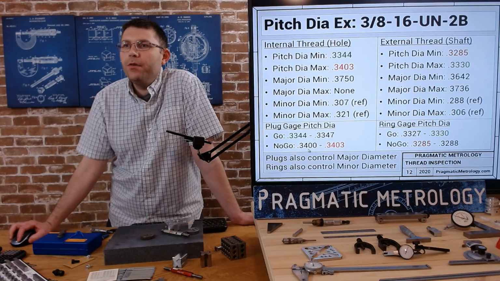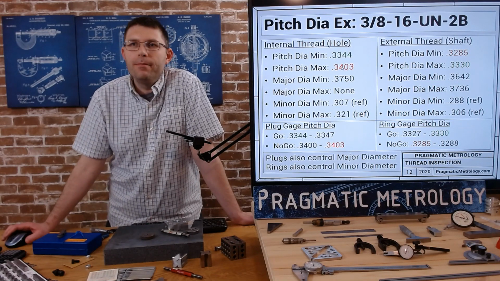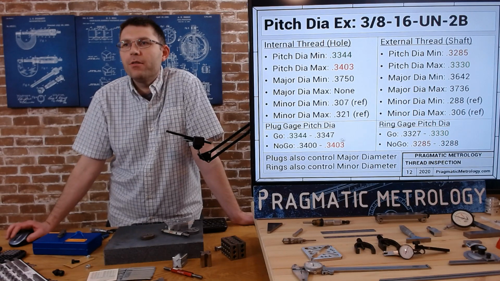And so you lose about 3/10ths of the thread tolerance just to make the gauge. So if the gauge is made at 0.3400, you've actually lost a little bit of your thread tolerance, and that's just the accepted industry standard that the gauge manufacturers need some tolerance, and they rob it from one of the ends of the thread.